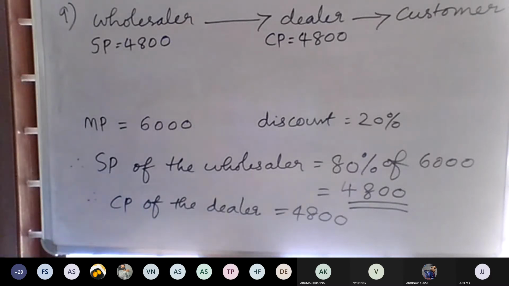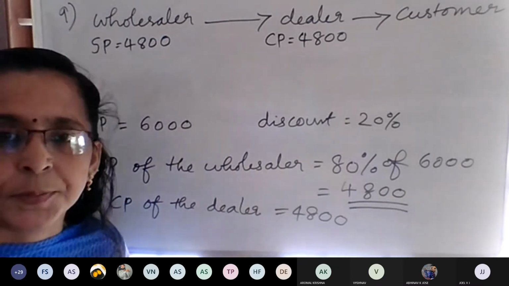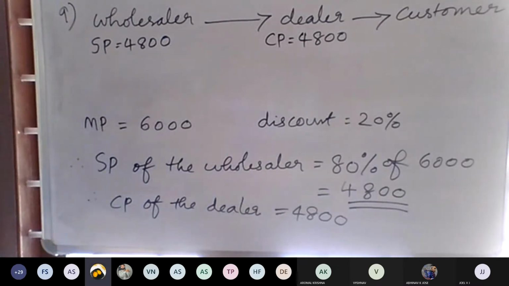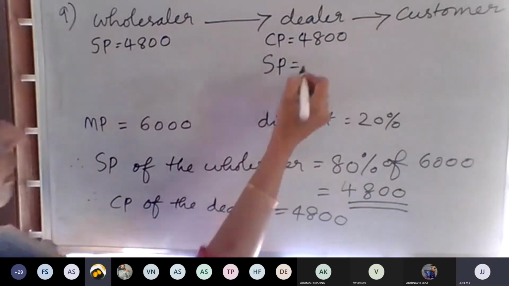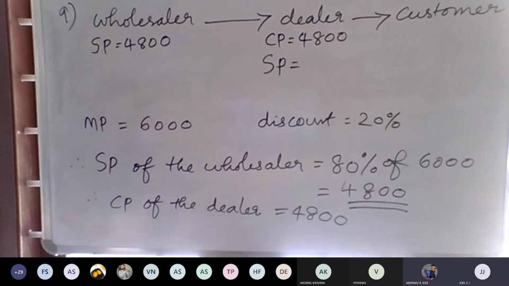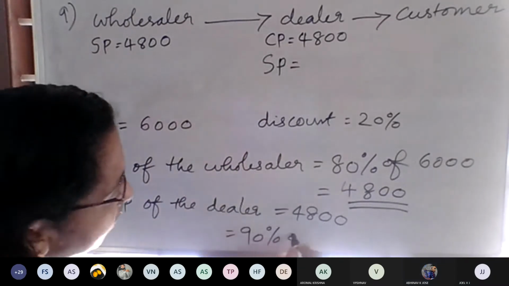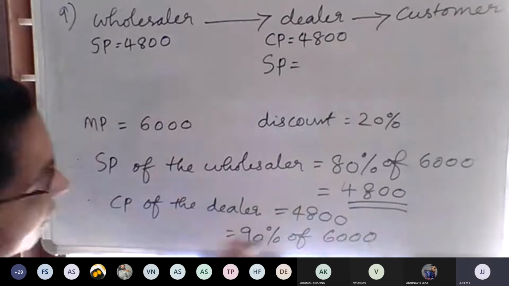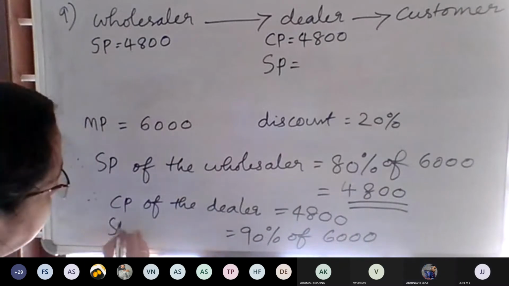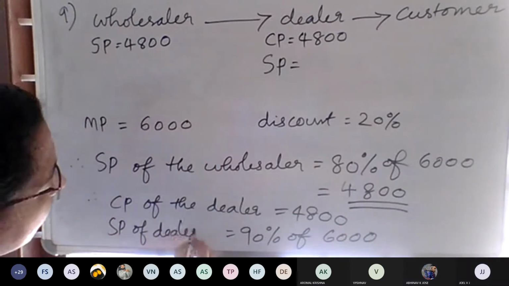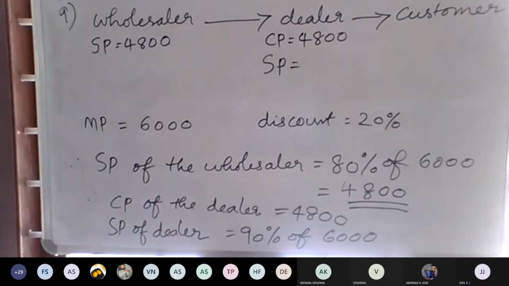So what is the meaning of that? 90% of 6,000. 90% of 6,000 will be the SP of the dealer. SP of dealer is equal to 90% of 6,000. Got the meaning of that sentence?